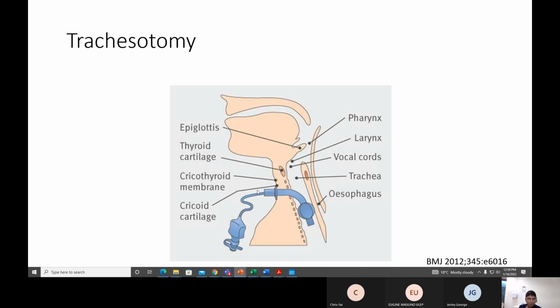So if you have to replace the tracheostomy tube, because it's a very quick process, this stoma will stay open. You can remove the tube and replace it. The tracheostomy tube can be cuffed or cuffless. We will talk about this a bit more.